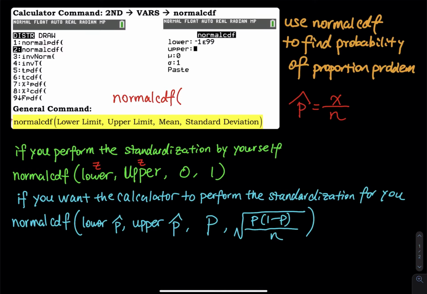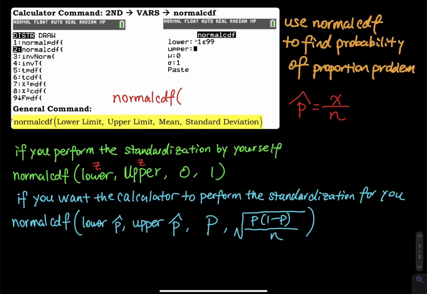The blue command is the shortcut if you start straight from the proportion. You obtain a sample proportion from the problem statement, and you do not want to perform the standardization. Then you put the lower proportion and the upper proportion into the command.